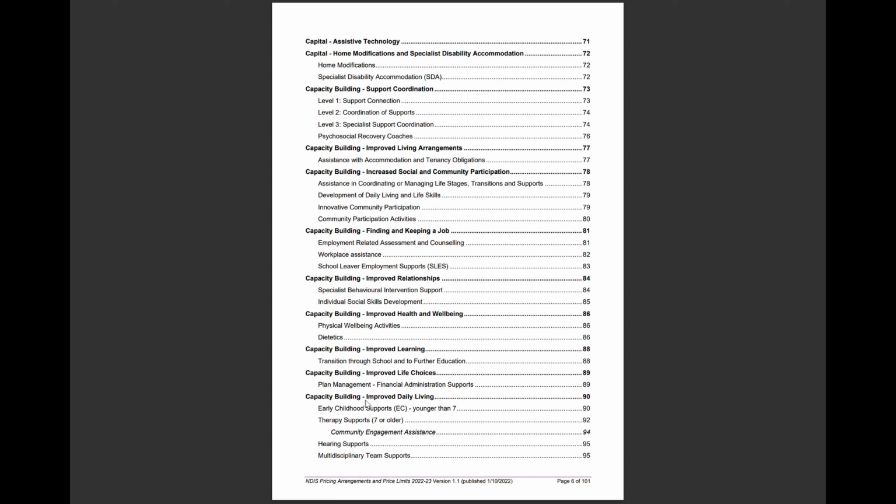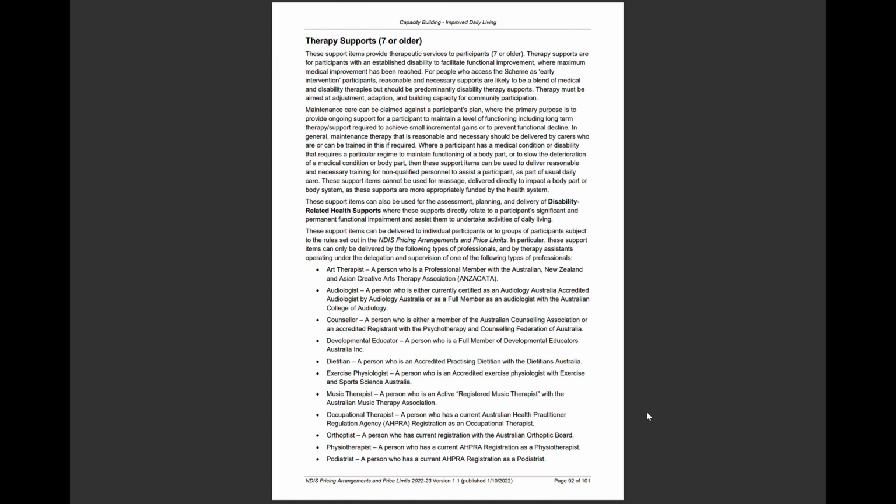So we would go down to capacity building, improved daily living, because psychology is an allied health therapy service. And we go find therapy supports for people 7 years or older, because I'm well over the age of 7. And we go down to page 92. And here we are at page 92.